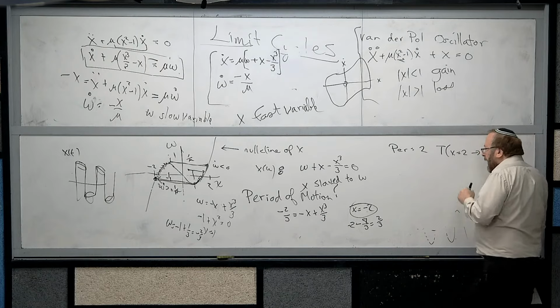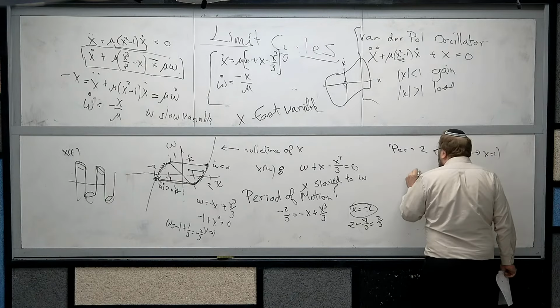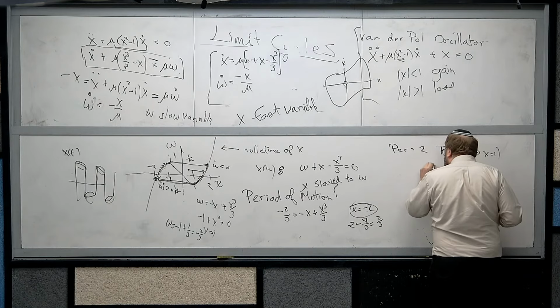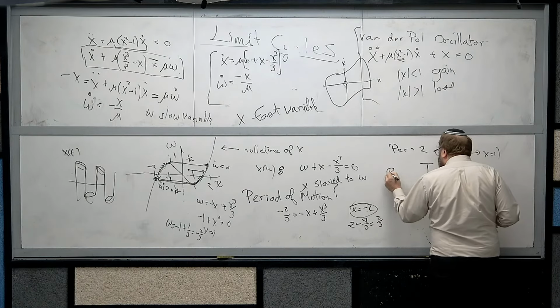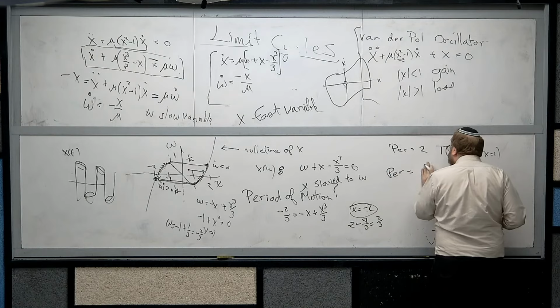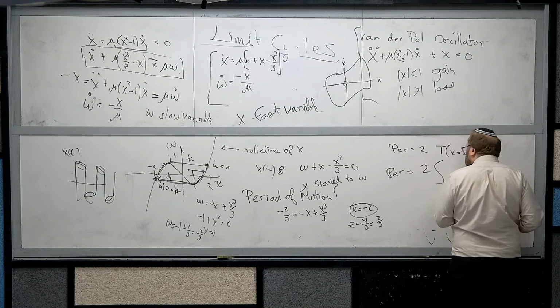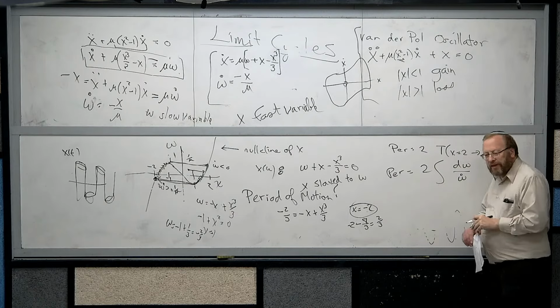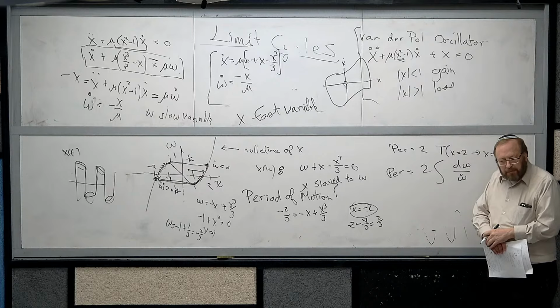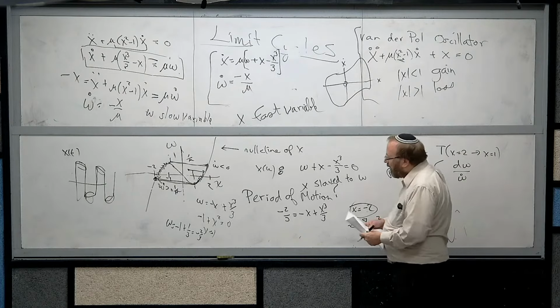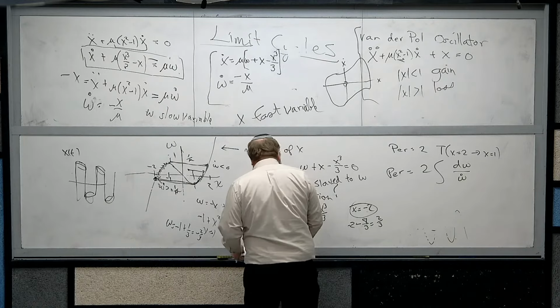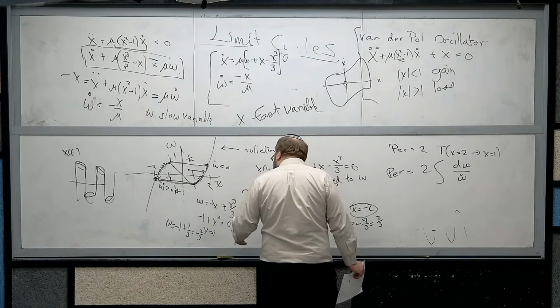Now, the period is twice the integral of d omega over omega dot during this period of motion. From whatever value of this is, by symmetry, I guess this is omega equals 2/3.